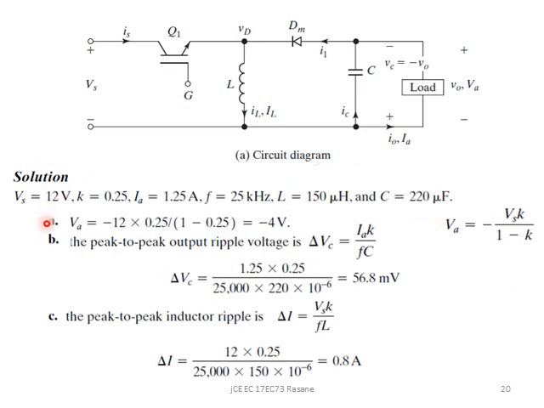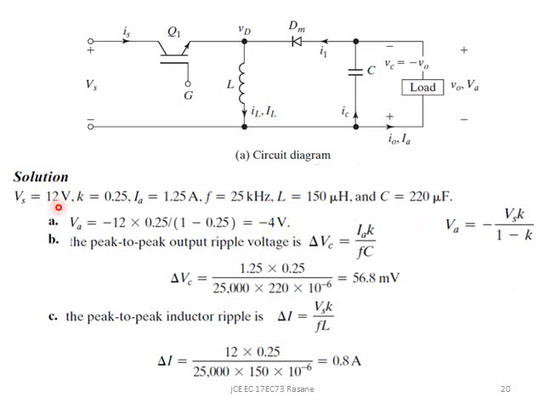In the first part, you are supposed to find the output voltage. So we know that output voltage is minus k Vs upon 1 minus k. So I get this as minus 12 into 0.25 divided by 1 minus 0.25. So that comes out to be minus 4 volts.